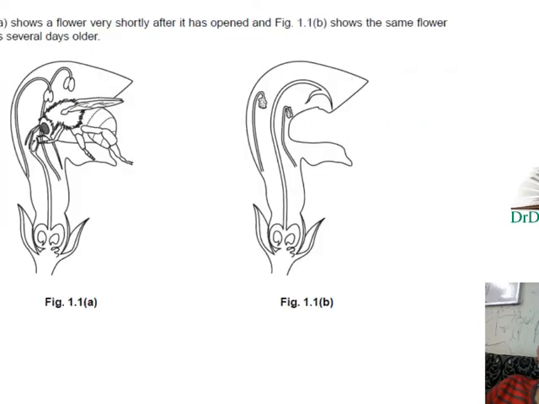Now the next is, figure 1.1a shows a flower very shortly after it has opened, and figure 1.1b shows the same flower when it is several days older. You can see that in 1.1a anthers are present, but this is the stigma, and the stigma is immature.